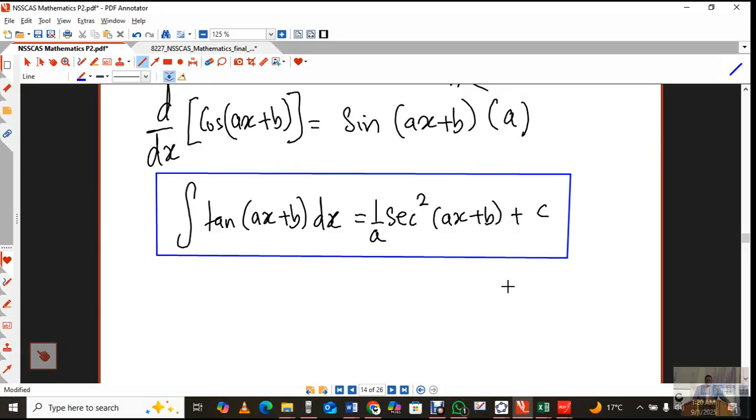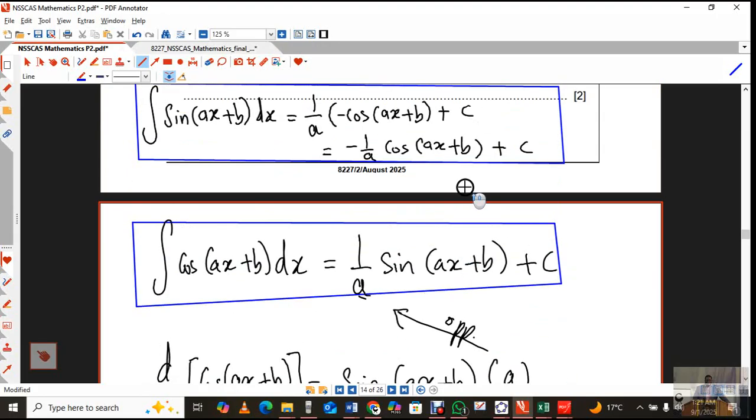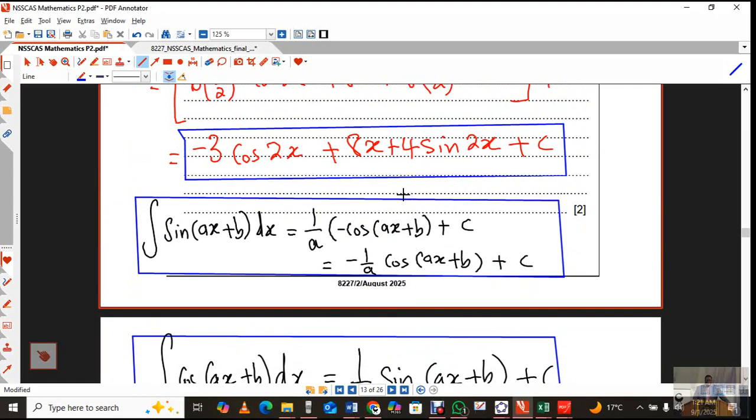Okay, so the integral of the first one that I have, the tangent of ax plus b. Let's see if we have perhaps not rewritten these things very badly.